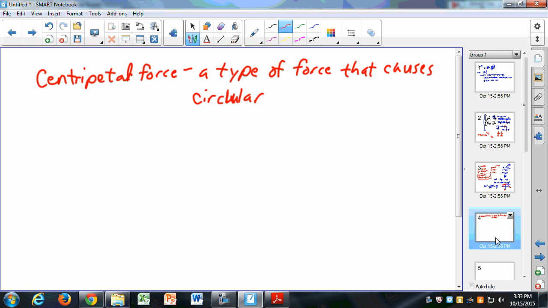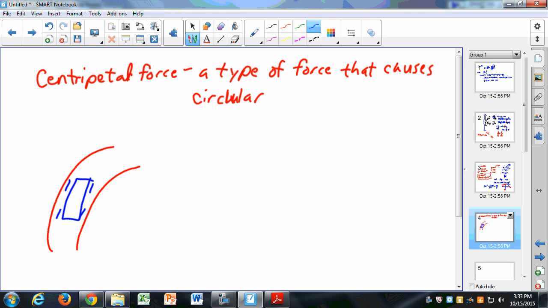For example, if I have a ball on a string and I swing it around, I'm causing this pin to move in a circular path. The force acting on it that is the centripetal force is the tension in the string. Or if I have a car moving on a circular path, what's actually keeping the car on the road?